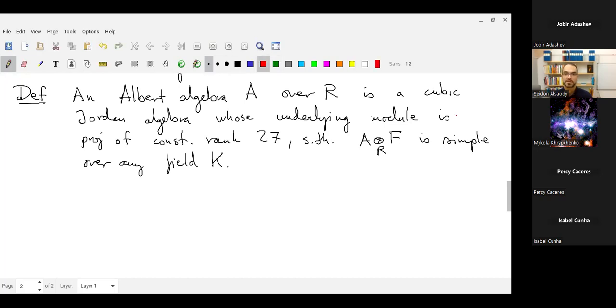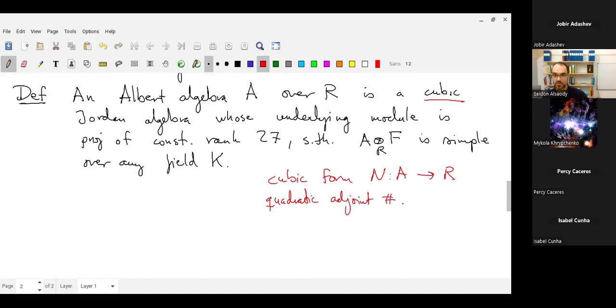So what does cubic Jordan algebra mean? It means I have a cubic form N, from A to R. I have some extra structure, a quadratic adjoint from A to A. And this gives me a trace map T from A times A to R, and also a cross product.